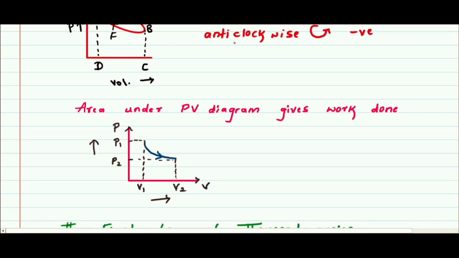So always remember, in a cyclic process, the change in internal energy will always be equal to 0. Why? Because if we consider this as a cycle, the clockwise cycle, A, B, C as well as D. We have taken A, B, C, D, and in this cyclic process, the area will be equal to A, B, C, D, A. Here the initial as well as the final positions are the same.